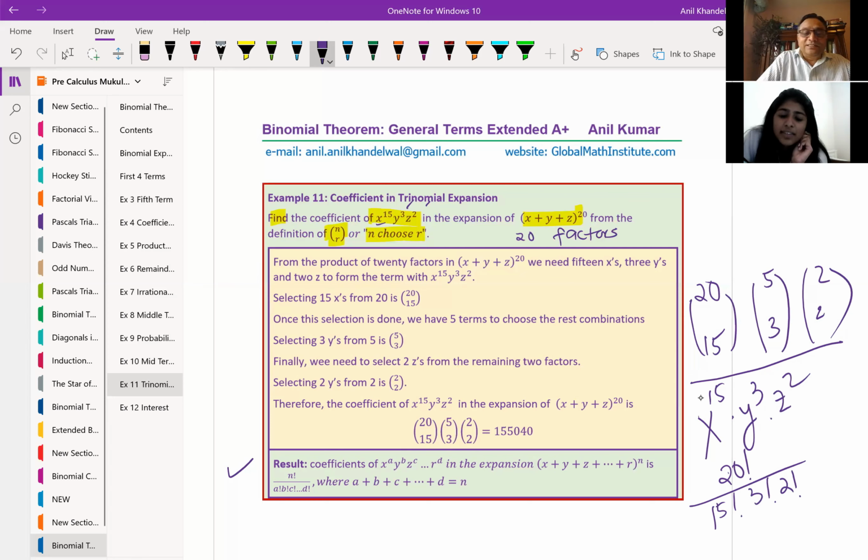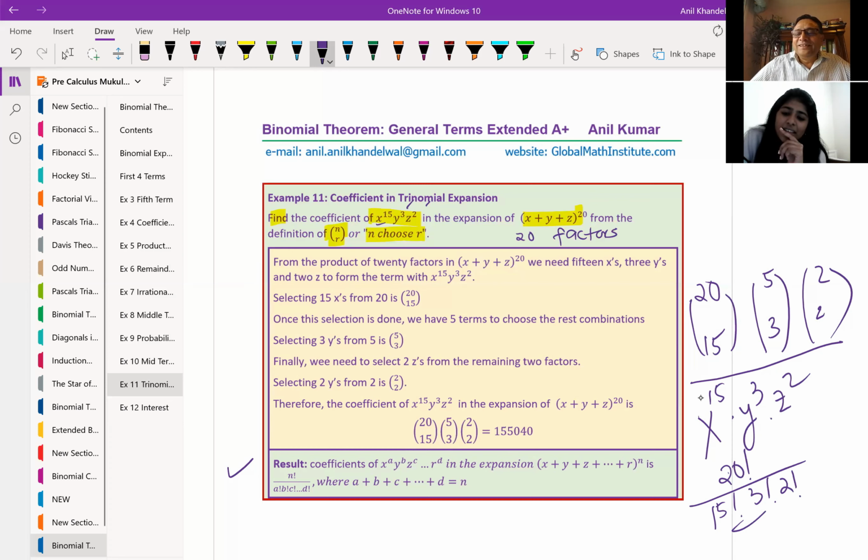Perfect. And when you find 20 choose 15 times 5 choose 3 times 2 choose 2, you will actually get 20 factorial over 15 factorial, 3 factorial, 2 factorial. That is your answer. You get the idea.